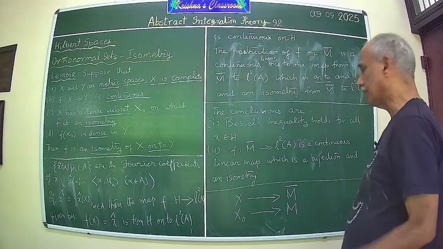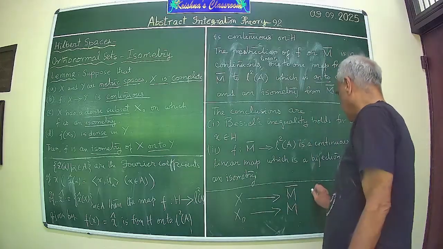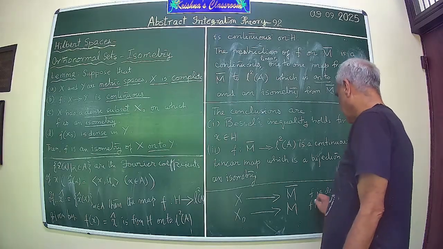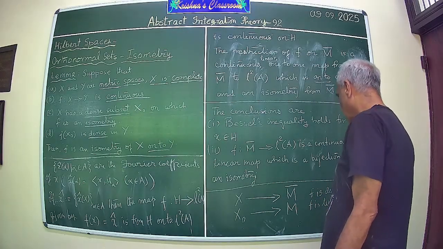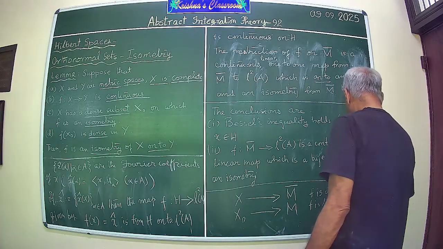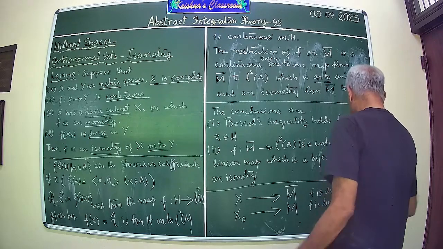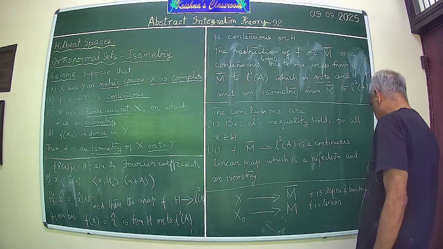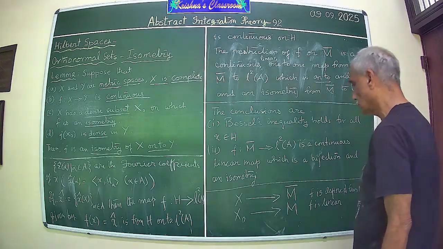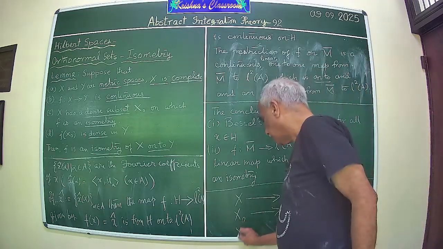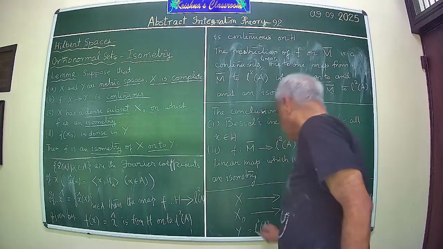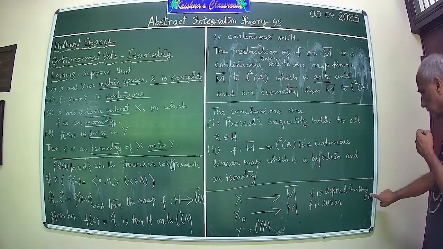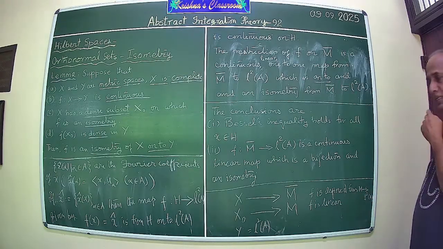Then f is defined properly. Then f is linear from M to L2(A), because we take Y to be equal to L2(A).